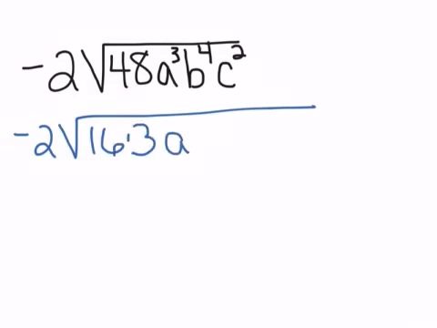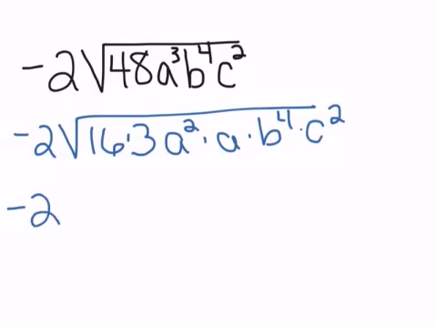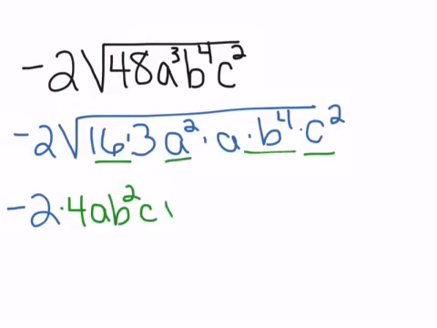And then a squared times a times b to the 4th times c squared. So when I pull this out, I'm at negative 2. And then I can pull out 16 as 4. So I'd be multiplying that by negative 2 then. A squared would come out as a, b to the 4th would come out as b squared, c squared would come out as c. What's left underneath is everything that I didn't underline, 3a.